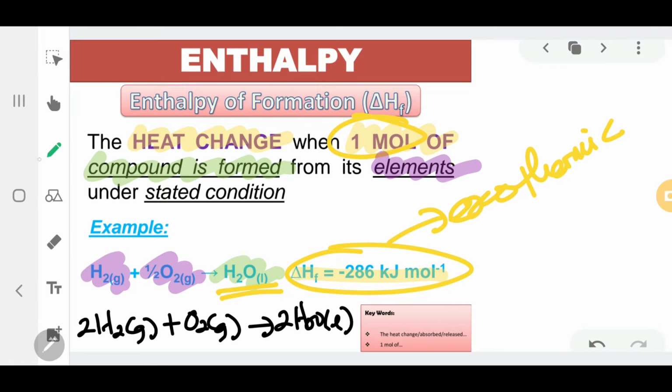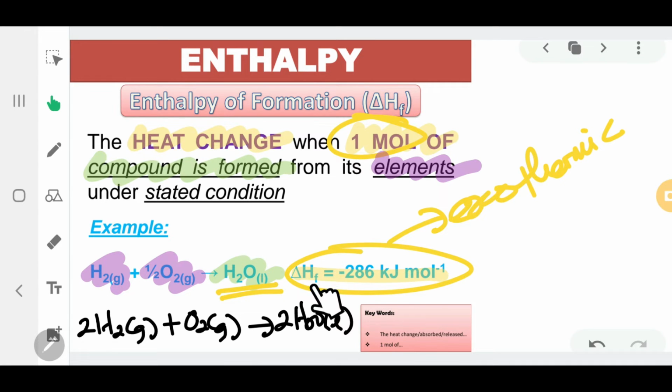What happens if you multiply by 2, because you have half a mole of oxygen over here? It's quite a normal thing if you want to not have it in the form of a fraction. You multiply by 2 for this one, and you get another balanced equation. So this one is balanced as well.